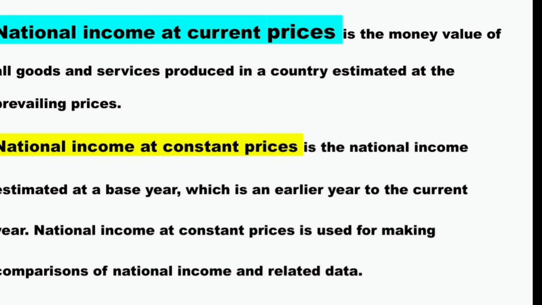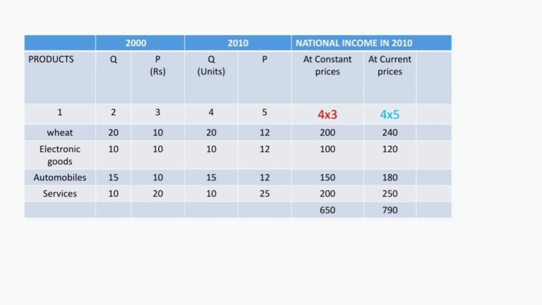Given here is a table which shows a base year 2000 and current year 2010. We can select 2010 as base year and 2020 as the current year, any year will do. So here in this example, 2000 is taken as the base year and 2010 as the current year.